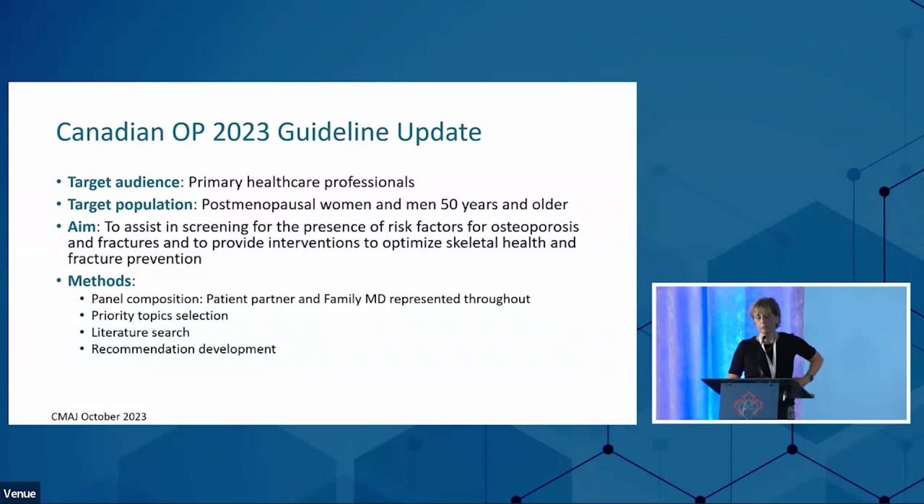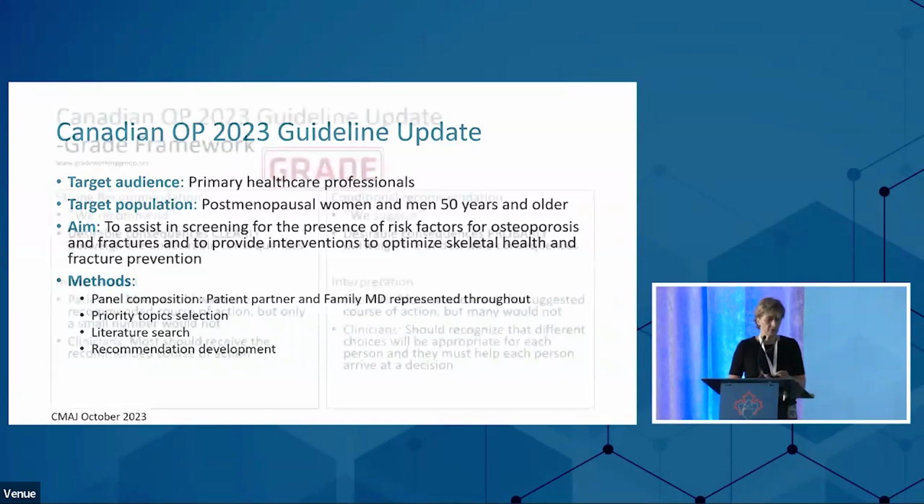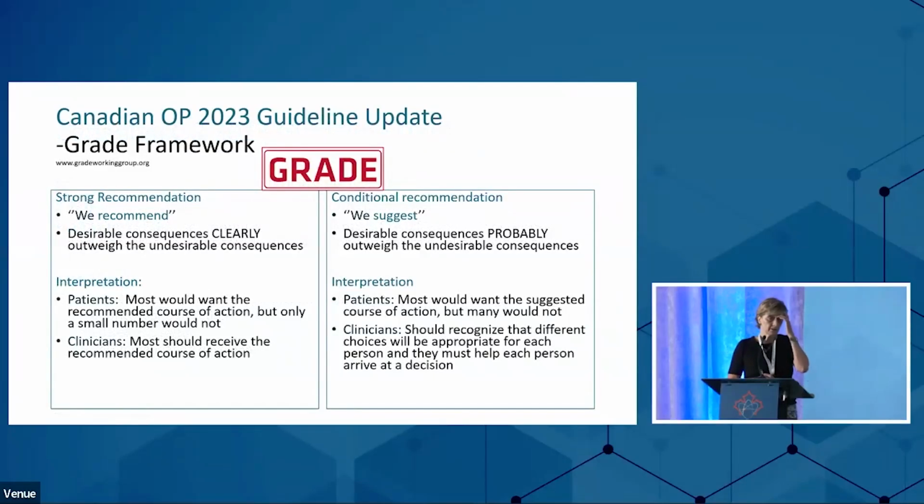We also had a GRADE methodologist expert, who kept us in line because it is a complicated process. The GRADE approach takes into consideration the evidence, obviously, but also feasibility, the lived experience of patients, the importance of the recommendation to them, as well as cost to the jurisdiction or the country. So there are various steps to consider, and it's not just about the evidence.